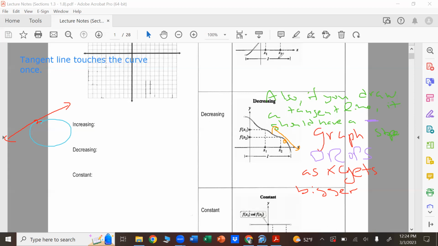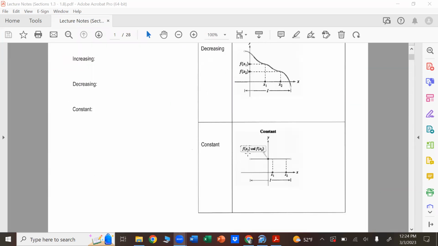And then lastly, constant. Constant means not changing. So y does not change as x gets bigger. Hence why it's called constant, right?